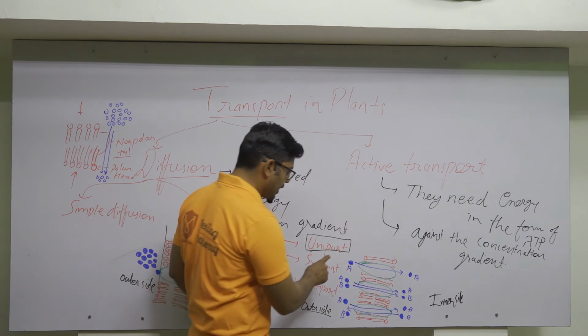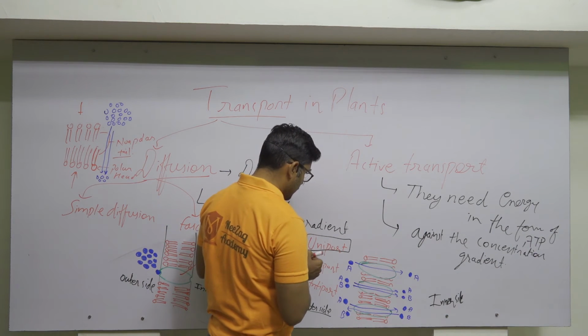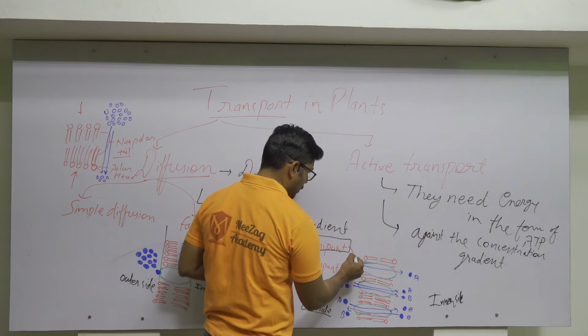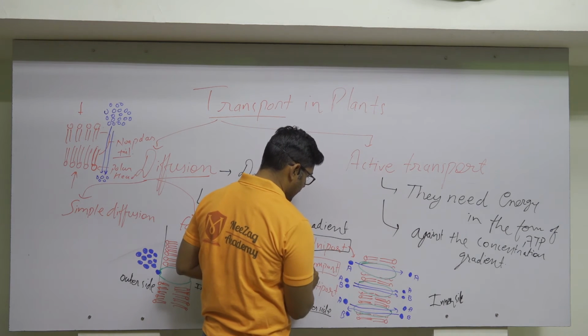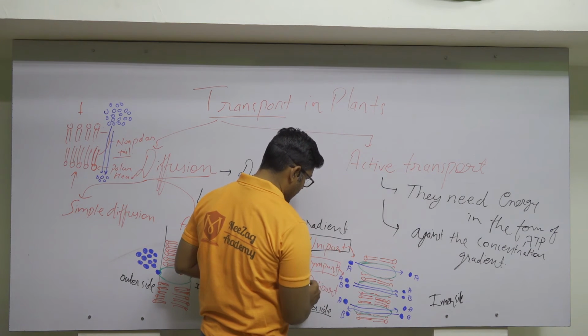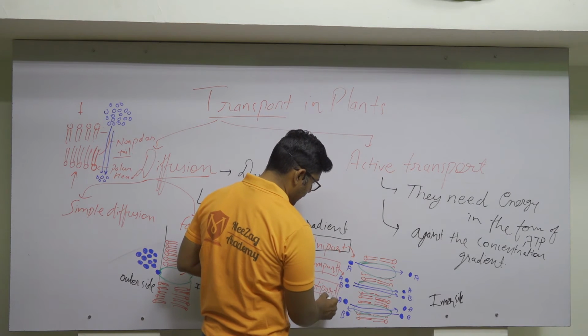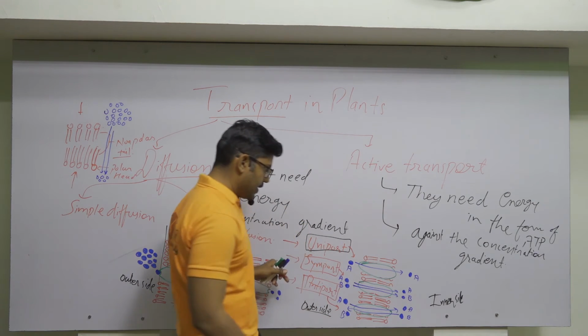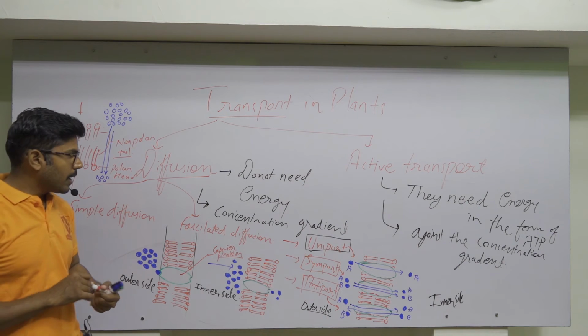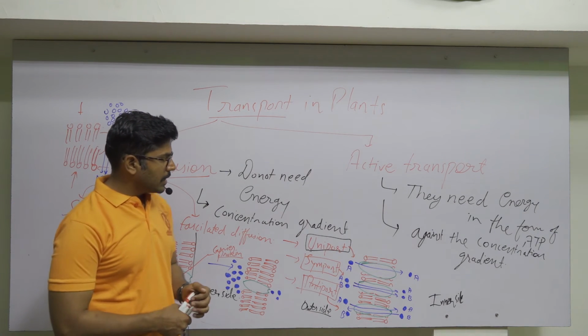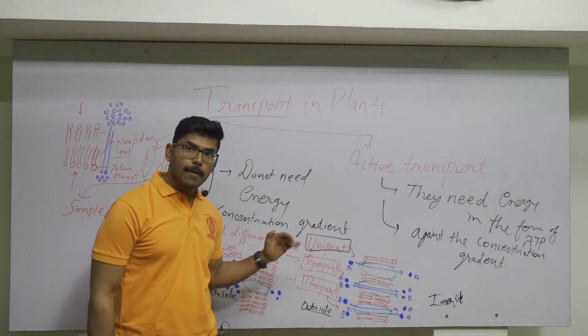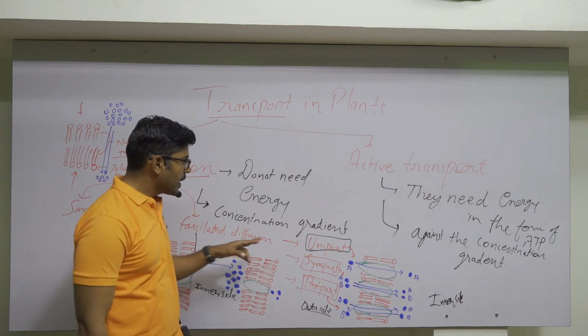So the first one is uniport, then it is symport, and here it is antiport. Okay, so what happens in these three types of facilitated diffusion?